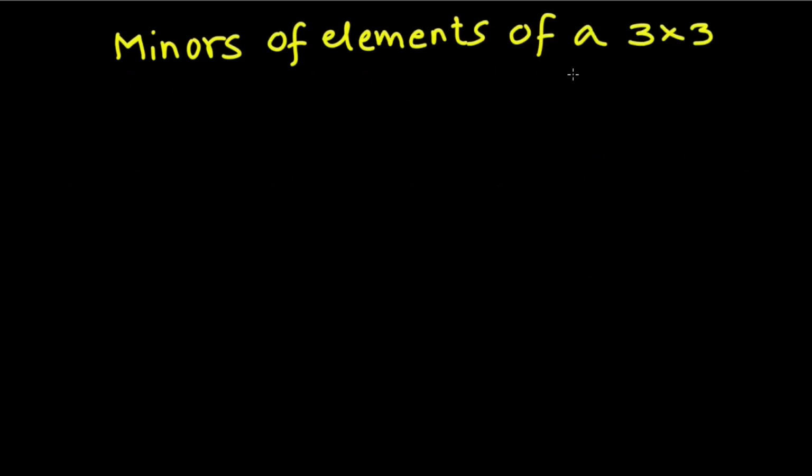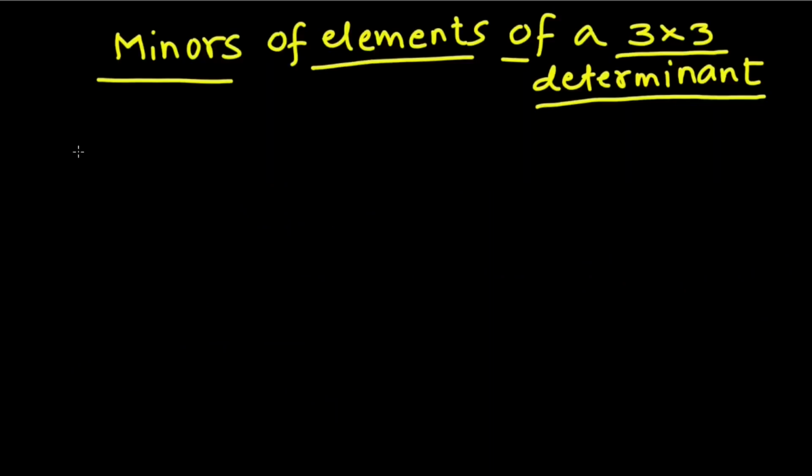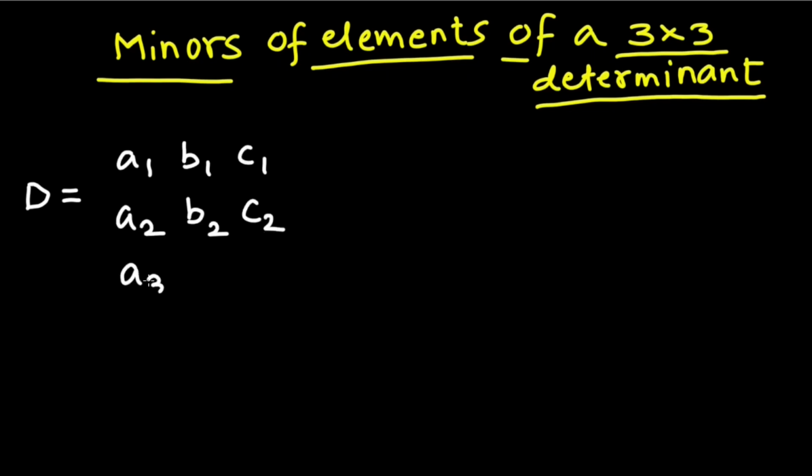Now let us see how to find minor of elements of a 3 by 3 ordered determinant. Consider a 3 by 3 determinant D equals a1 b1 c1, a2 b2 c2, a3 b3 c3.